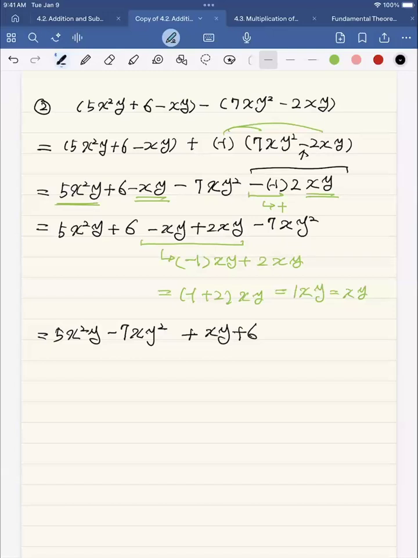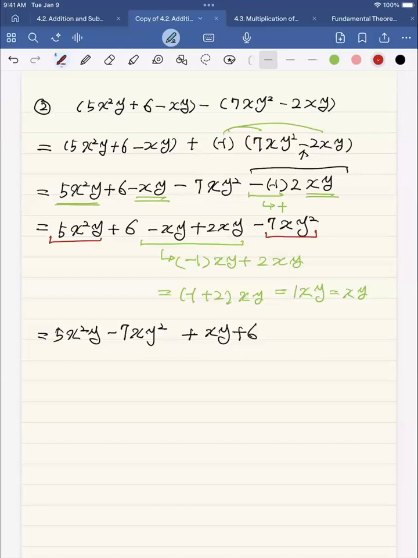Because there is no other like terms. And when we write the algebraic expression in a conventional way, I said we would write it in a descending order of the degree.